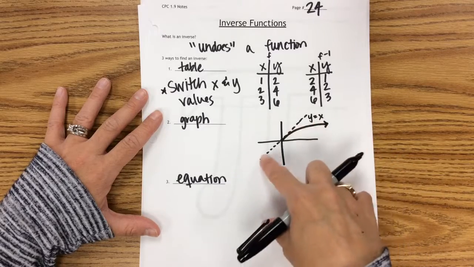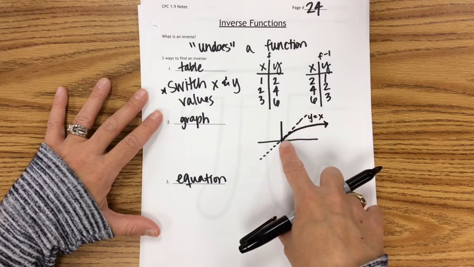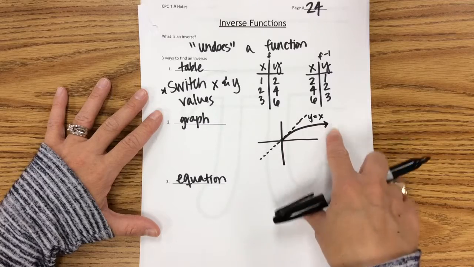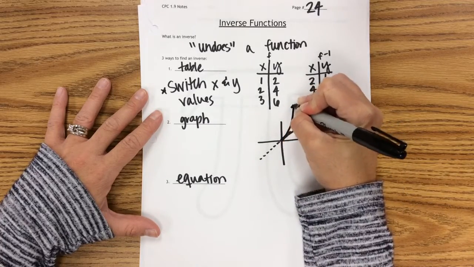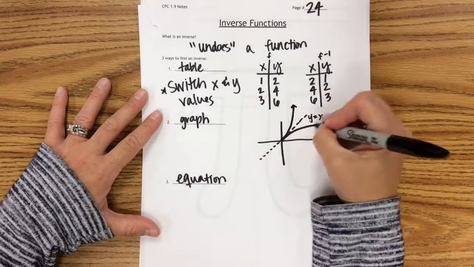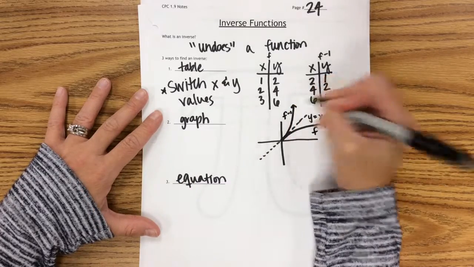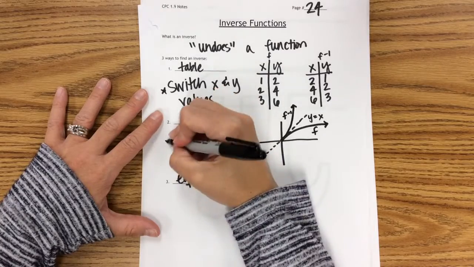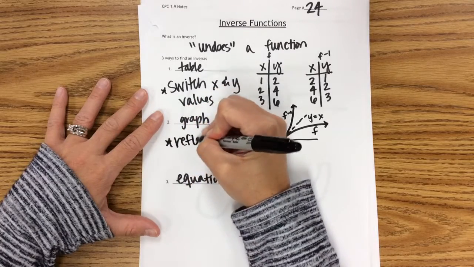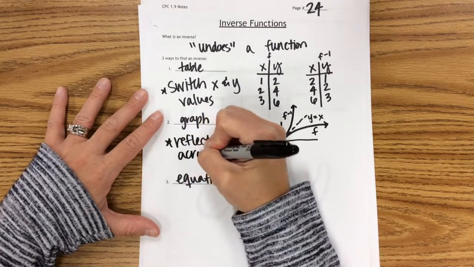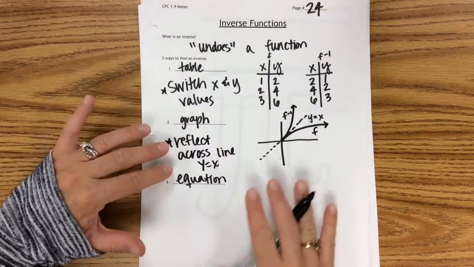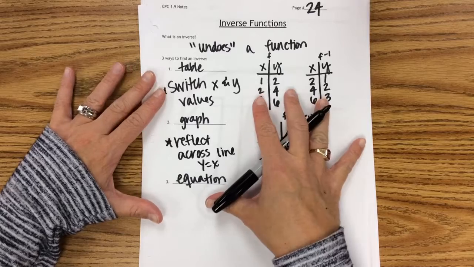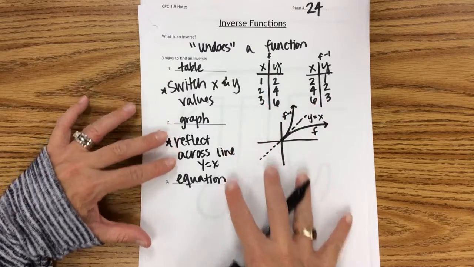So again, it's reflected over the line y equals x, so it's taking every ordered pair on this line, switching the x and y values, and the result is a reflection across that line. So this would be the function, this would be the inverse. So reflect across line y equals x. So that's a graphical representation. Same thing that's happening with the table, but a different look.